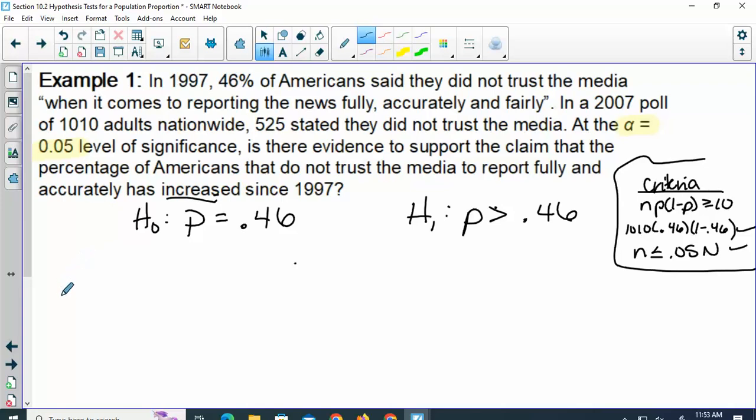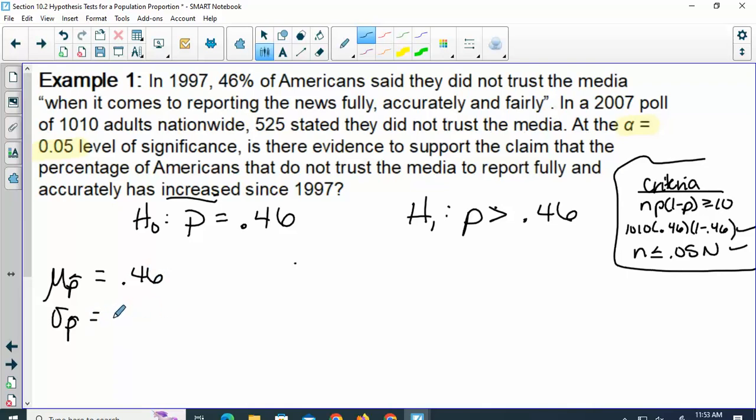All right. So if we're going to get a z, we need the mean and the standard deviation. What is our mean? 0.46.